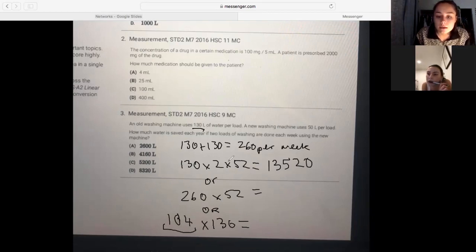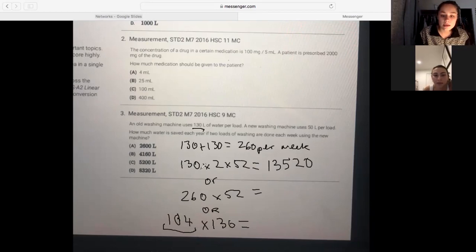And so that's why you did 2 times 52. Oh, okay. So 2 times 52 will give us a total of 104 washing loads. Does that make sense? Yeah. And then you only have to times it by 130 because that's how much water is used per load.